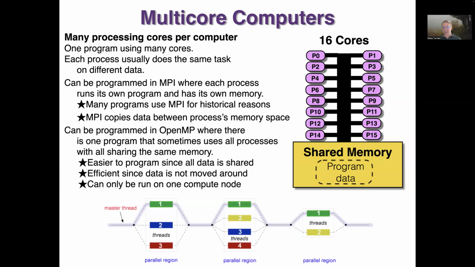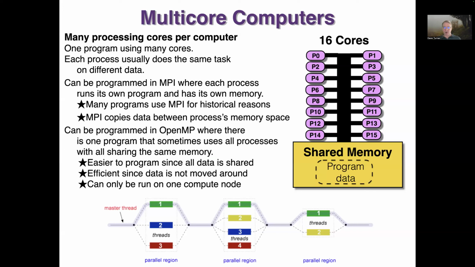And this is easier to do than using MPI because you have a common shared memory there. So you can run one program and have one set of data. You just have to make sure that the various cores, when they're doing their work, are not trampling on the data. So it is easier to program.